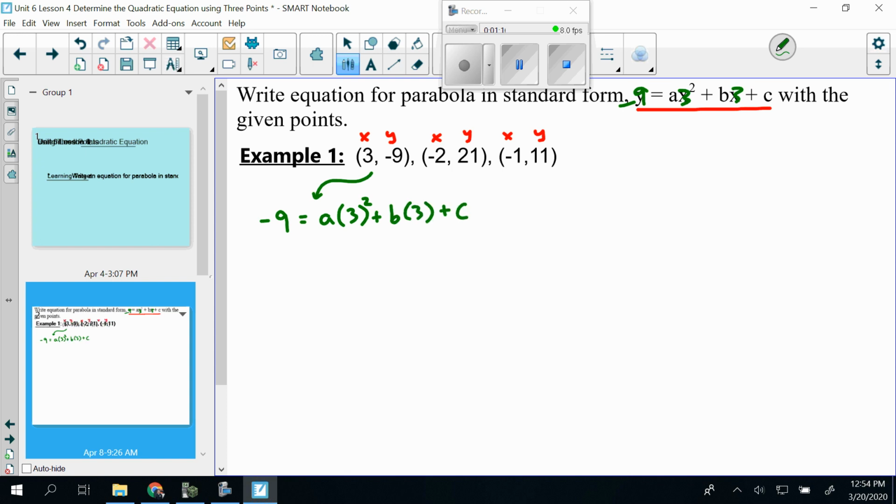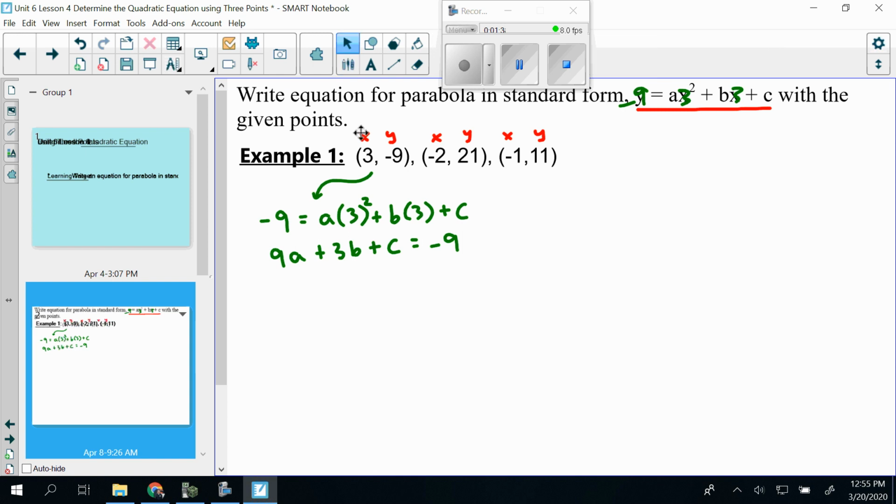Now let's simplify that a little bit. If we do 3 squared, that's going to be 9a plus 3b plus c, and we know this is equal to -9.